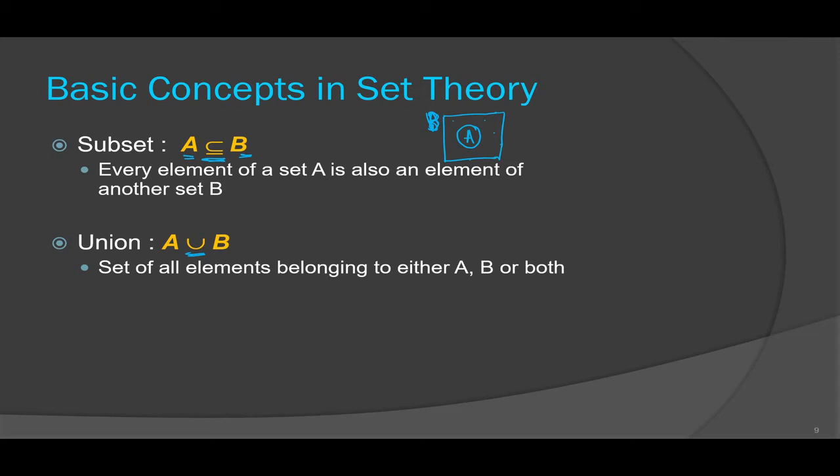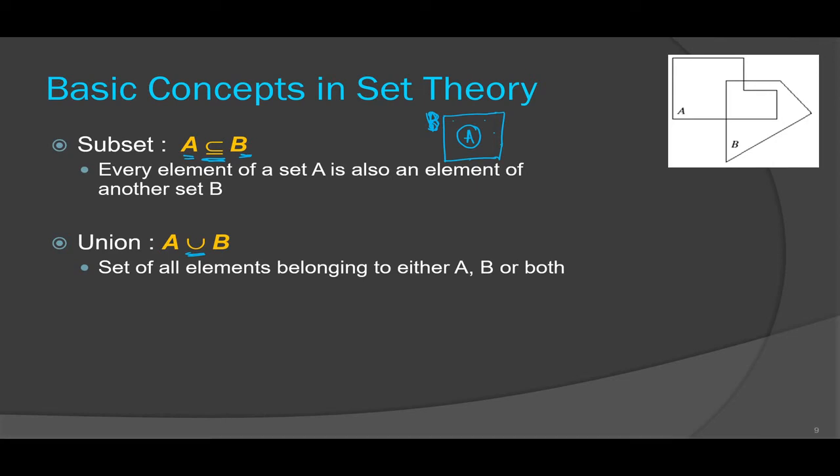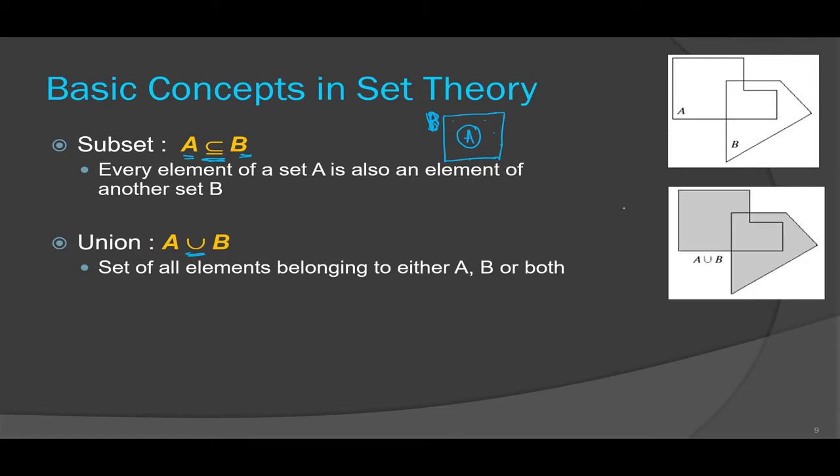Let us assume we have these two objects, this is set A and this is set B. What is A union B? See here, all this shaded region can be denoted as A union B, the set of all elements belonging to either A, B or both.